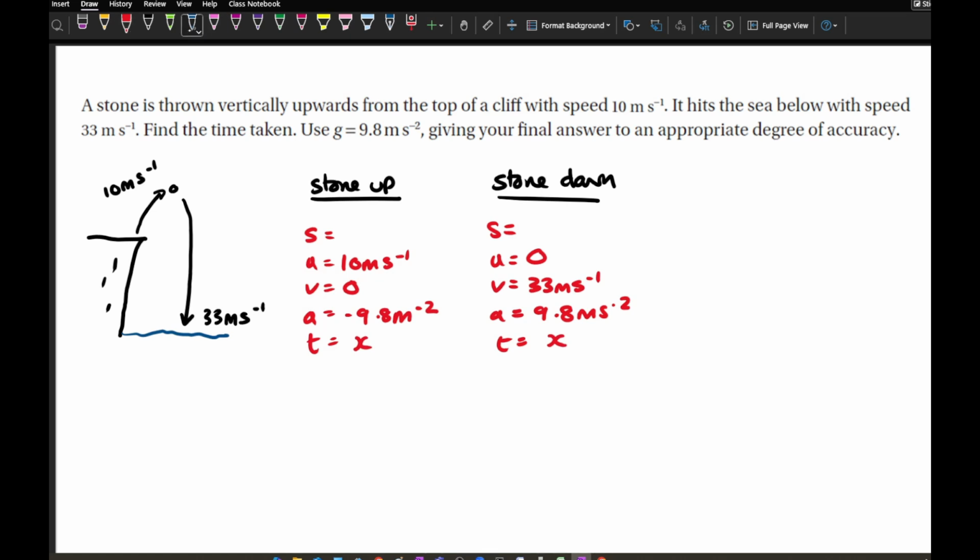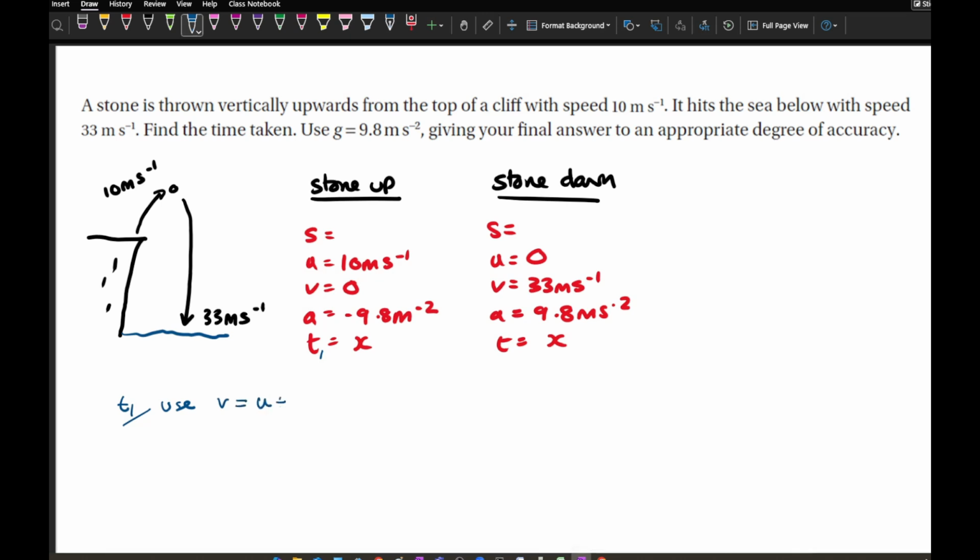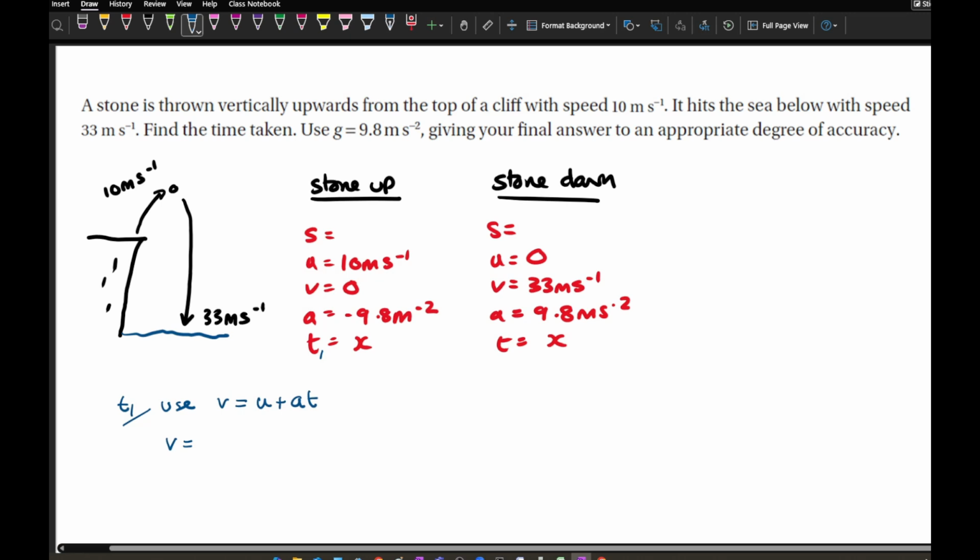So I need to find out what this value is, and I need to find out what this value here is. So to find, if I call it T1, I'm going to use v equals u plus at, in which, well, I should say t is equal, because that's what I'm trying to find. So t equals v minus u over a.